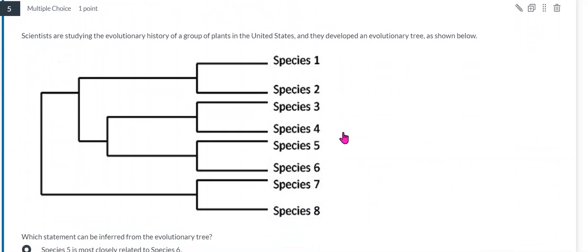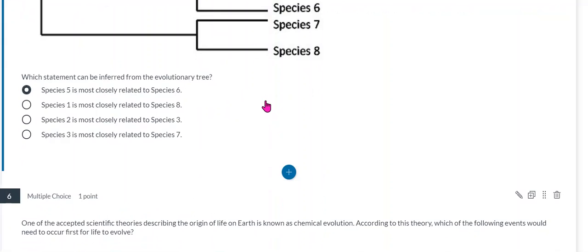Now scientists are studying the evolutionary history of a group of plants in the United States, and they developed an evolutionary tree, as you see here, species one, two, and so on. One thing you have to understand when you look at this cladogram right here: one and two are from one common branch. They branched from this, and 3 and 4 branched from this, 4 and 5 branched from this, and species 3, 4, 5, 6 have one common branch right here, then species 7 and 8. Which statement can be inferred from the evolutionary tree?